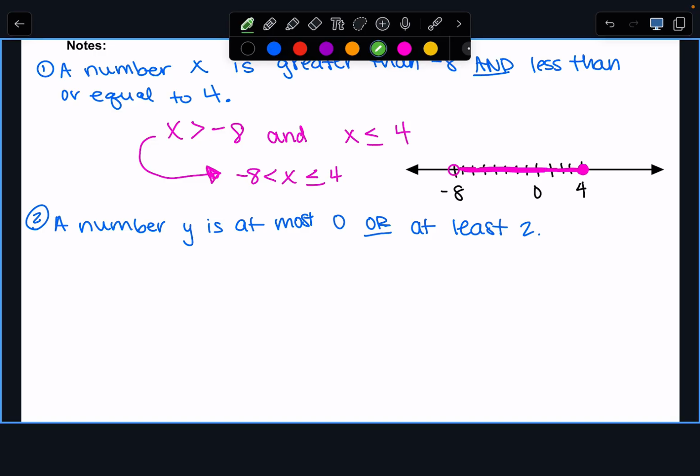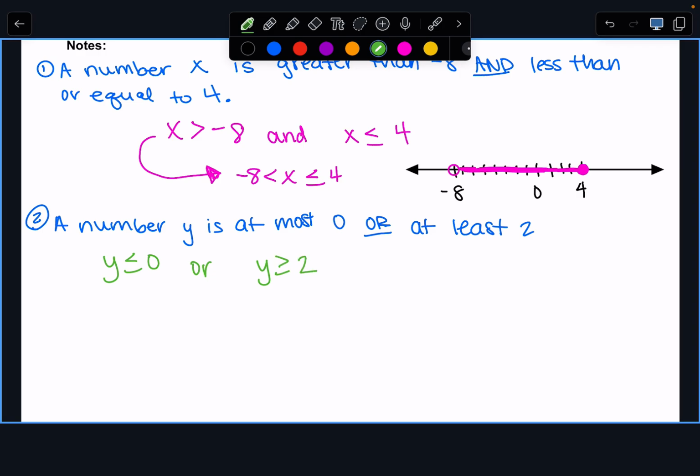Raise your hand if you can tell me what inequality that means. Less than or equal to 0. Okay, y is less than or equal to 0, or y is at least 2. What does that mean? Truman?